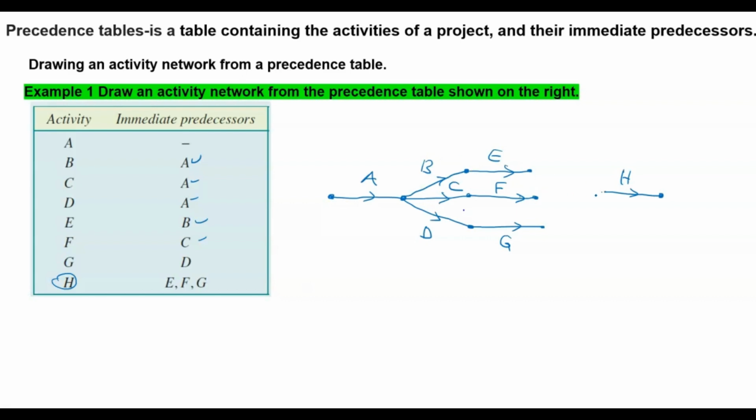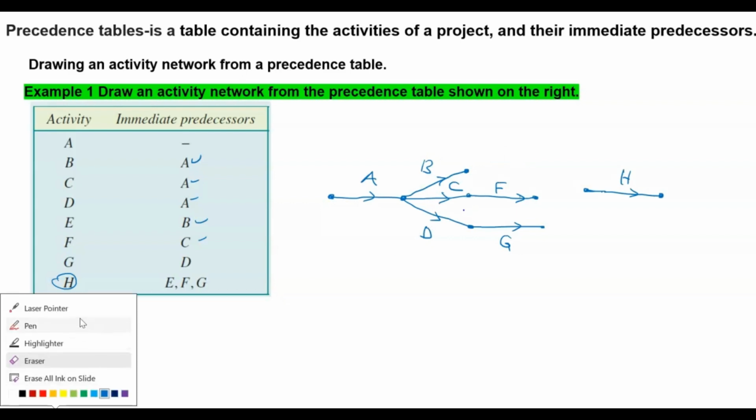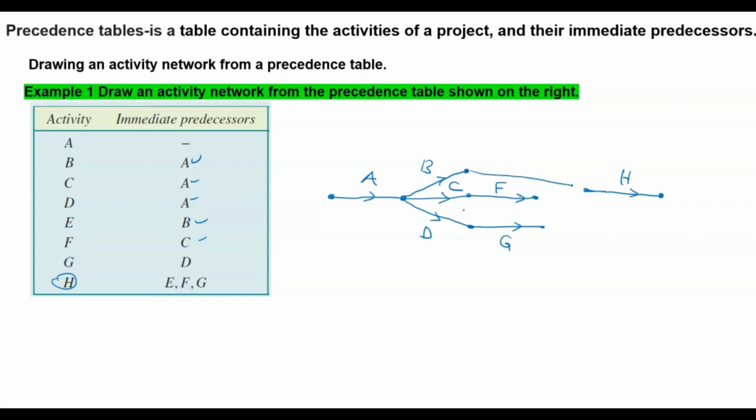So that means we have to make sure those activities are joined. So we have to rub that off so that we make sure they're all joined. So get rid of that and draw it again. So, okay, so that goes there. Okay, so that's there. And this has to be joined.